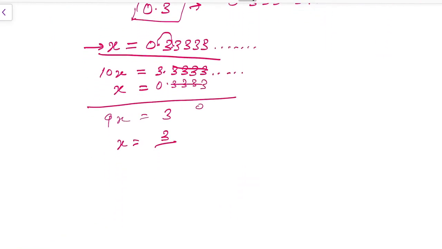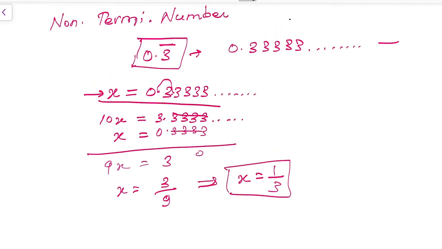So x is equal to 3 upon 9, which becomes 1 upon 3. So the value of x is 1 upon 3, and hence we can write 0.3 bar as 1 upon 3. I hope you have understood it.